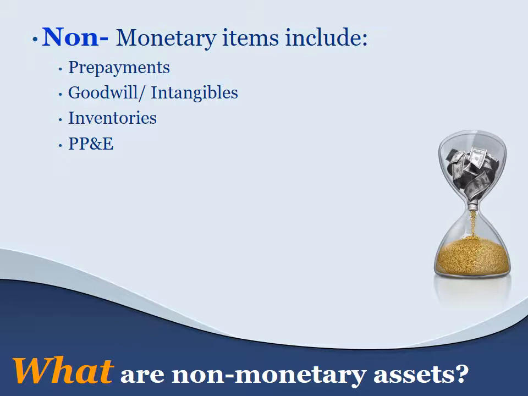So all assets, all liabilities are converted at the closing rate. However, when it comes to your equity items, those items are not converted at the closing rate and are converted at the rates that were ruling at the time that the transaction was undertaken.